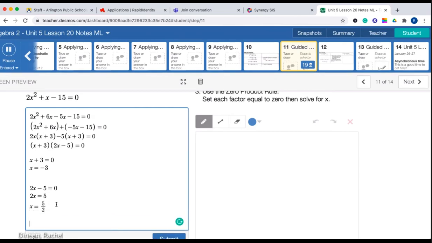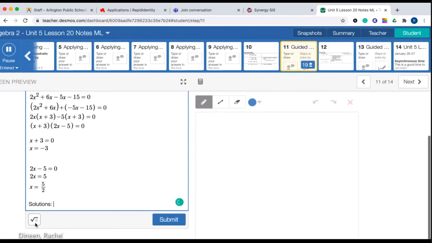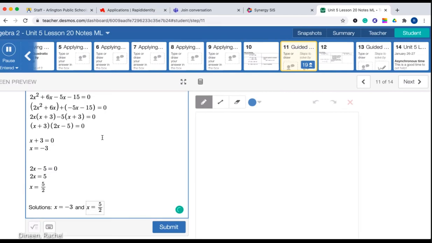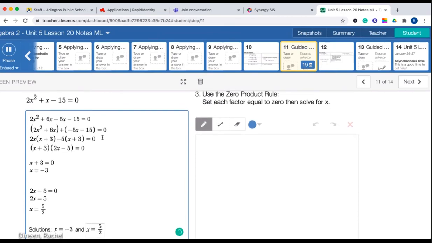So my solutions are x equals negative 3 and x equals 5 halves. Both of those values, when you substitute them into the original, will balance your equation out and make the left side 0.